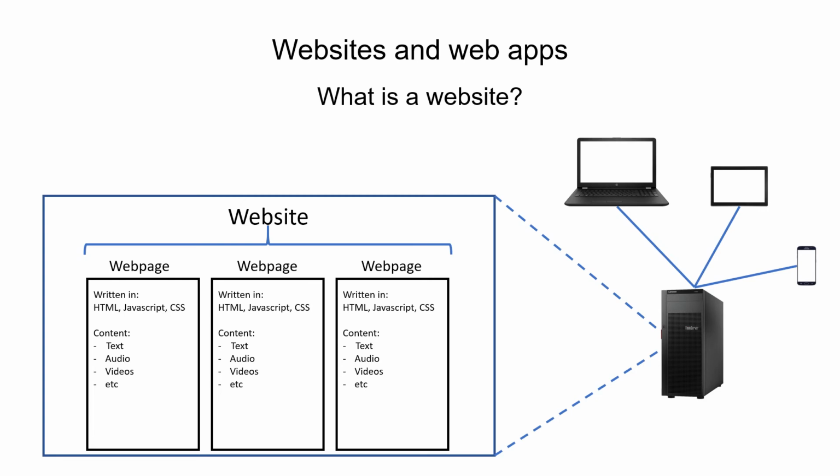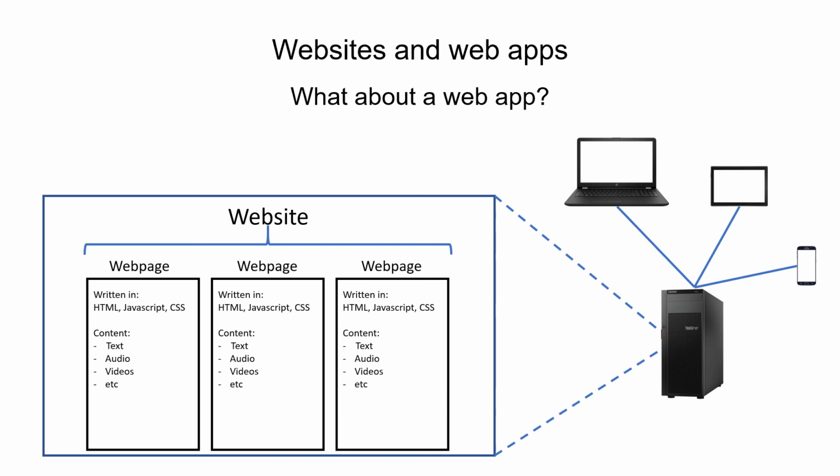So simply put, a website is a collection of web pages, with web pages being documents that are written in a special language containing text, audio and videos, etc., that a client's browser is able to interpret after having requested for that web page from a specific website that is hosted or contained in a server somewhere in the world or somewhere in the internet. What about a web app?